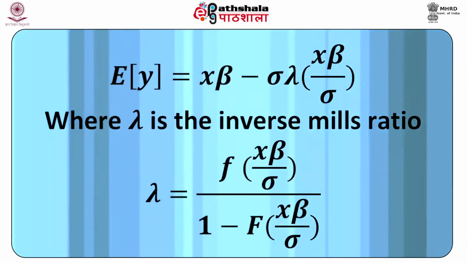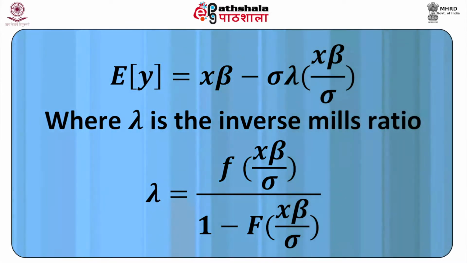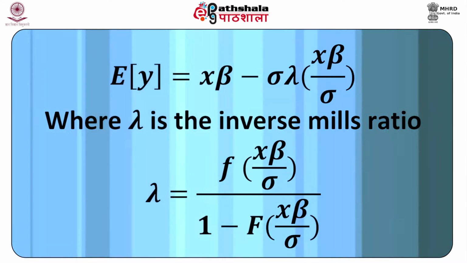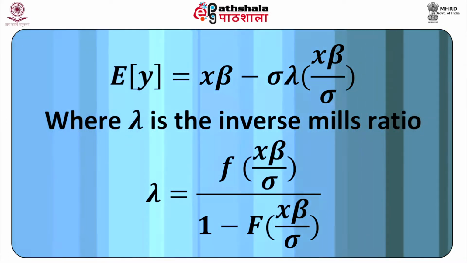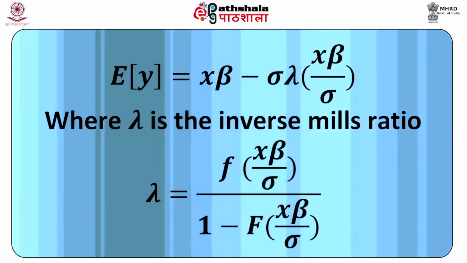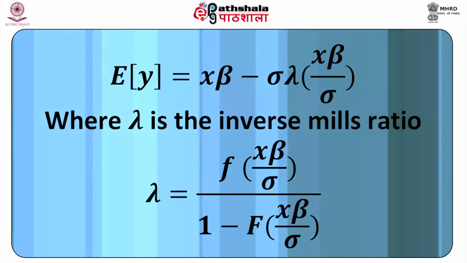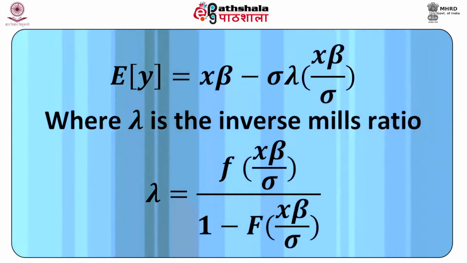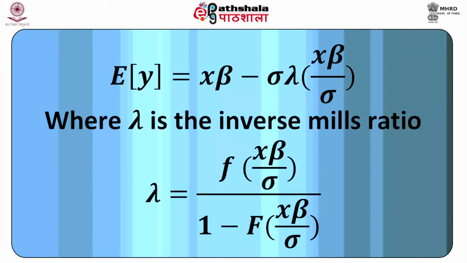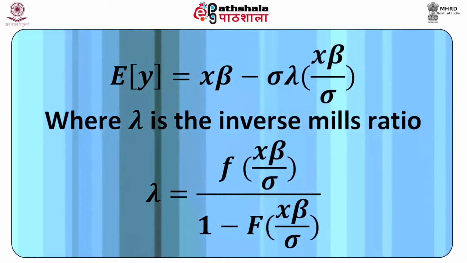Now expected value of y is given by an expression shown below in the case of truncation from above. Again, you can look at the appendix for the details. But now we can express expected value of y equal to x beta minus sigma lambda of x beta upon sigma, where lambda is again the inverse Mills ratio, and lambda is defined as small f of x beta upon sigma divided by 1 minus capital F of x beta upon sigma.